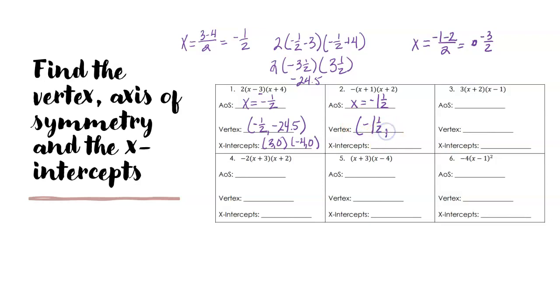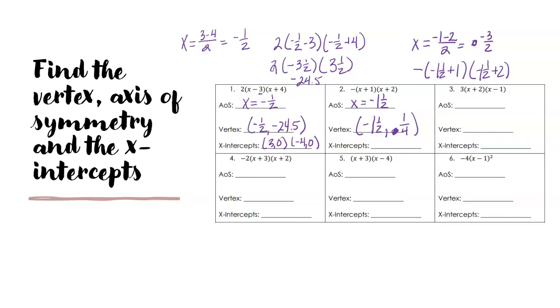When we plug that into the equation, I have negative 1 times negative 1.5 plus 1 times the quantity of negative 1.5 plus 2, which gives us 0.25, a quarter.